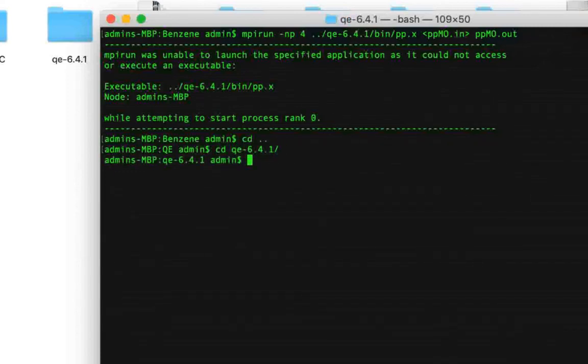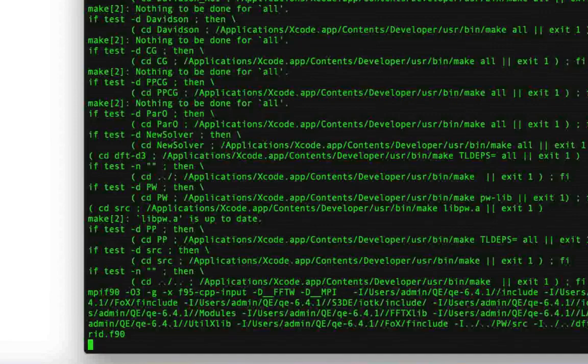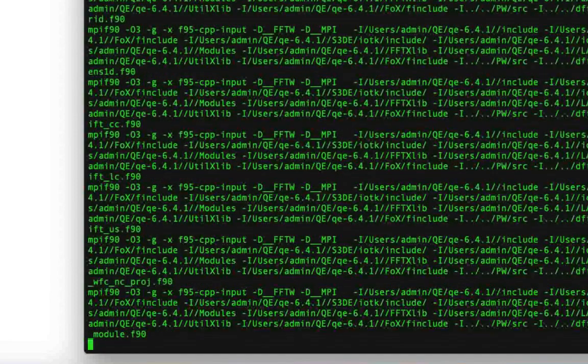Basically you just go to the Quantum Espresso directory and give the command make pp. That should be enough to compile the post-processing utility of Quantum Espresso, and it will generate a pp.x binary in your bin folder. So let's just wait for it, or maybe I'll just skip it forward.